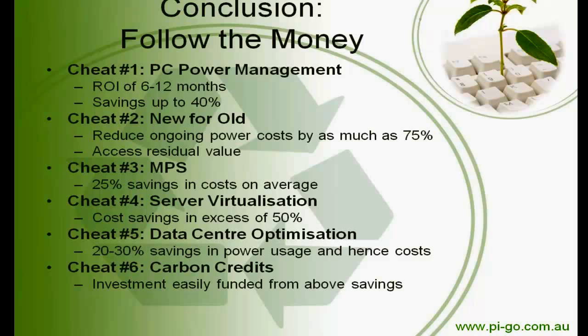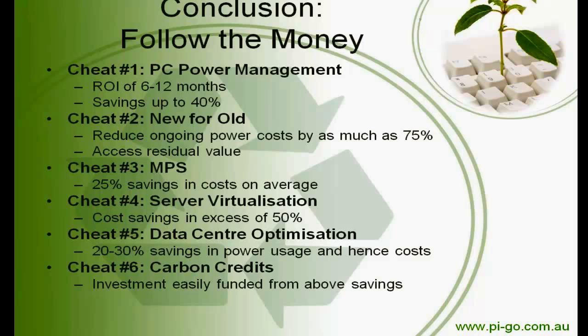PC power management, a return on investment of 6 to 12 months, savings of up to 40% on an ongoing basis. New for old, based on studies, you can have a phenomenal impact here. You can reduce your power usage on the PCs or on other technology by 75%. And on top of that, by using a certified remarketer, you get access to your residual value.